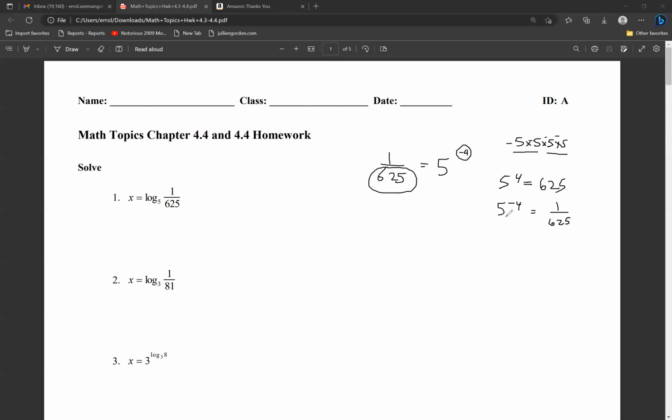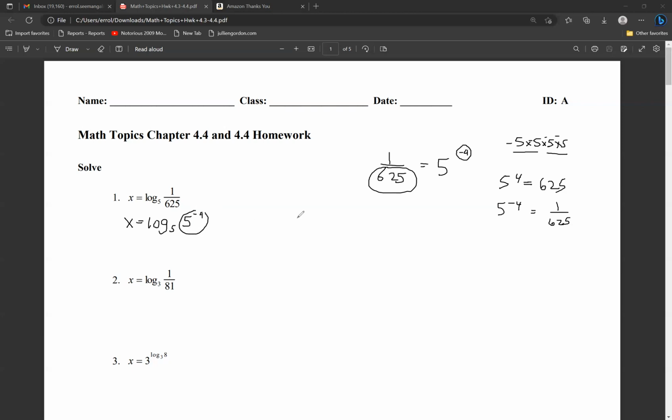So when I first write it out, first I have to rewrite it. I wouldn't know the exponent yet. So we're just going to rewrite this 1/625 as 5 to the -4, right? So now this one is the answer.